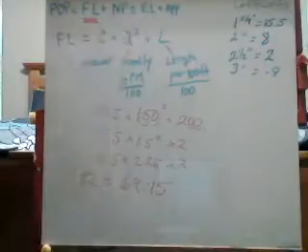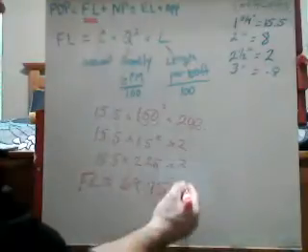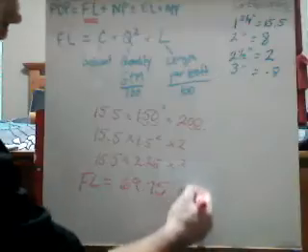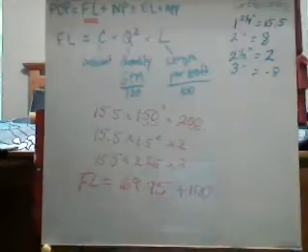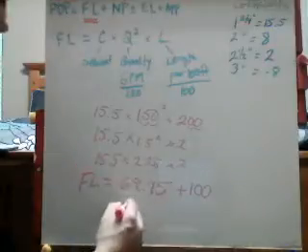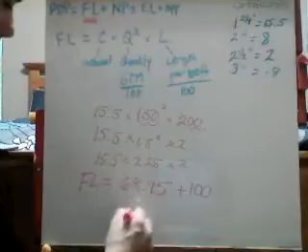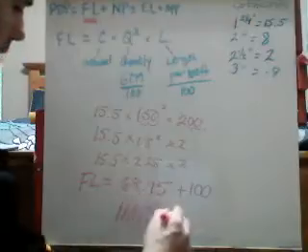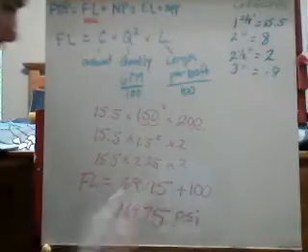So then we want to add in the nozzle pressure. We're using our fog nozzle, so we add in 100 for the fog nozzle. And that is why, when we are told pump discharge pressure of just a regular 1 3/4, you're going to be pumping 169.75 psi.